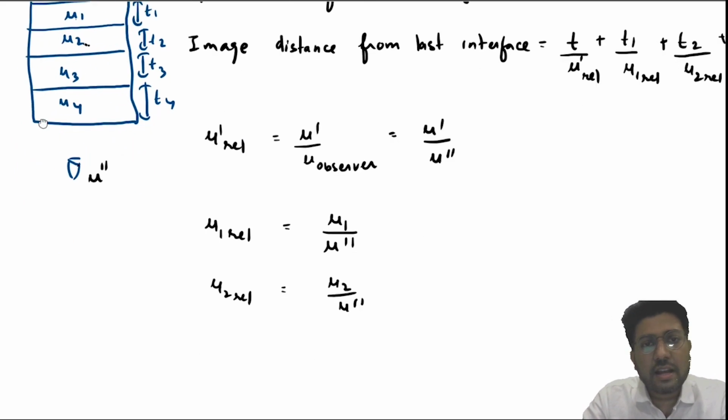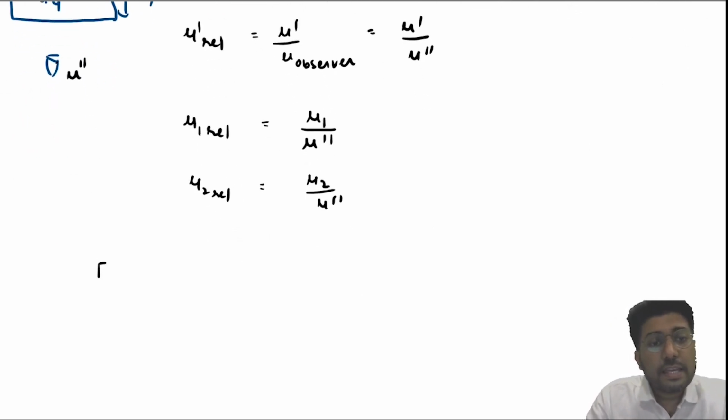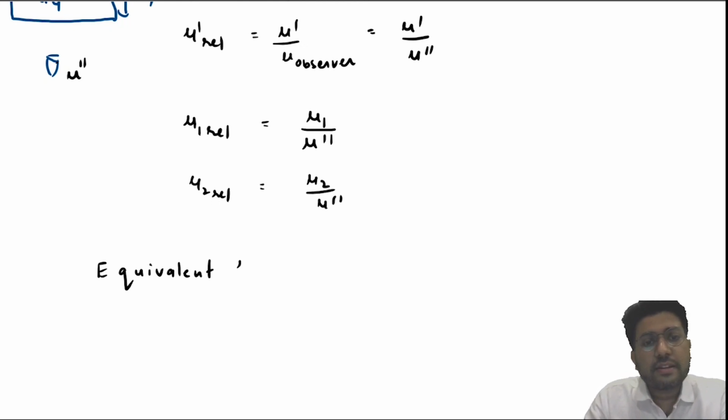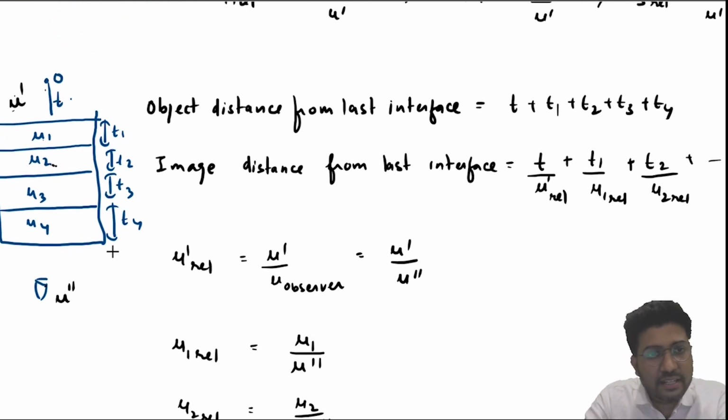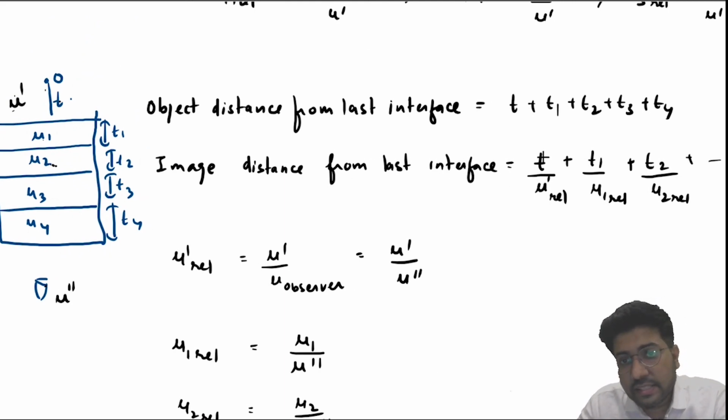Now there is a term called equivalent refractive index. Okay. Now listen carefully first. This is the formula. Object distance you can directly see, but the image distance from the last interface, listen carefully. This image distance that we have learned here, this is the formula, you have to remember it.